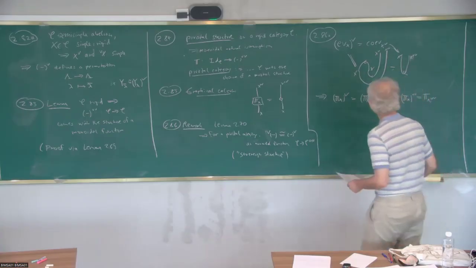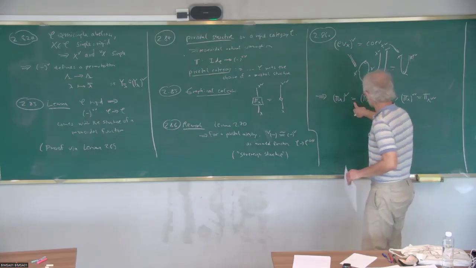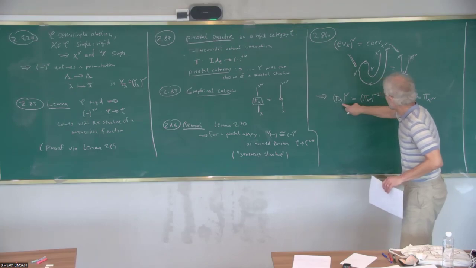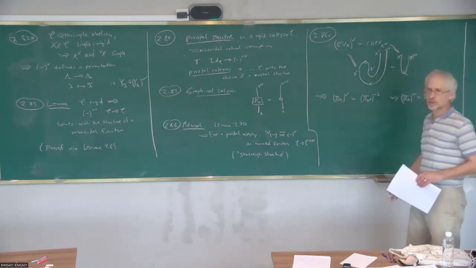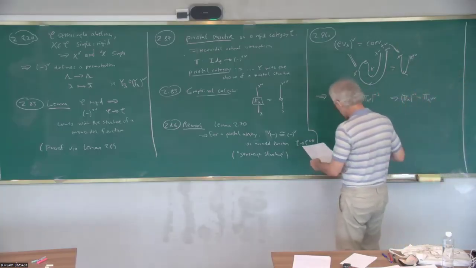And how do you see this? Well, if we want to show that we have this equality, we can compose this morphism and this morphism, and have to show that it's the identity in two possible ways. I show one of them.